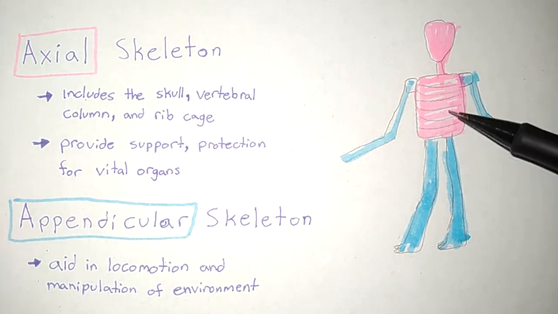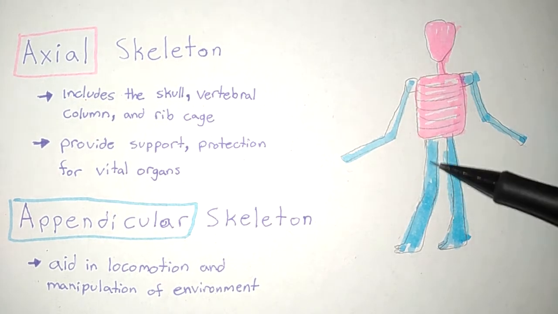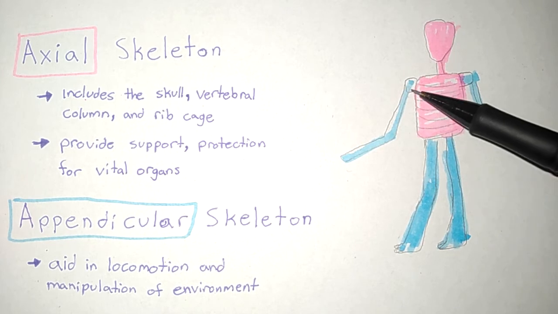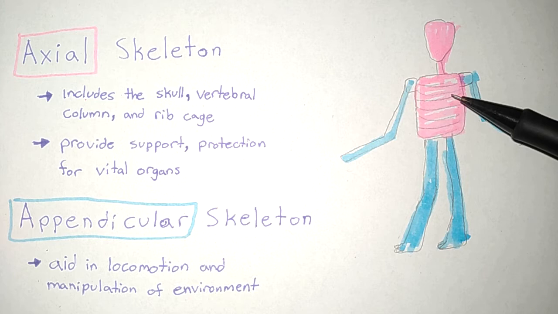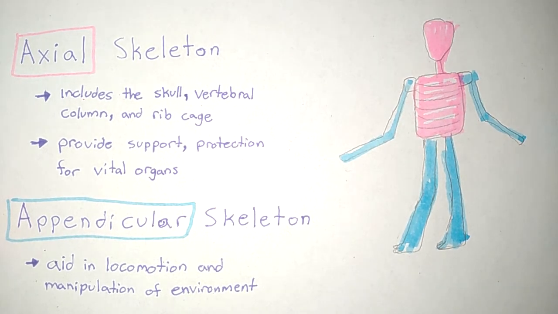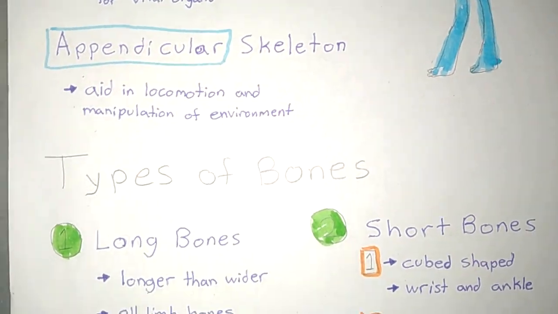So we can clearly see that the mechanical properties would be different, because these bones need to transfer forces across them, whereas these ones would try to absorb forces that are placed on them from the surrounding environment.